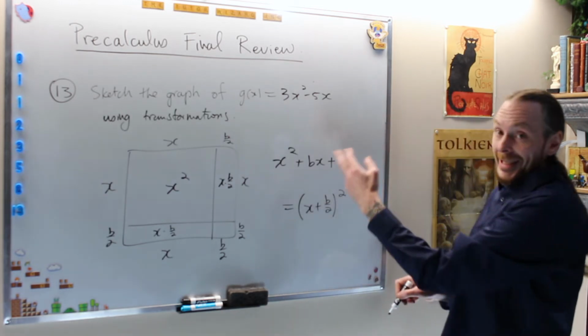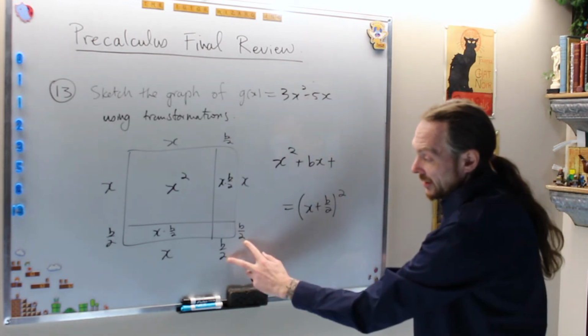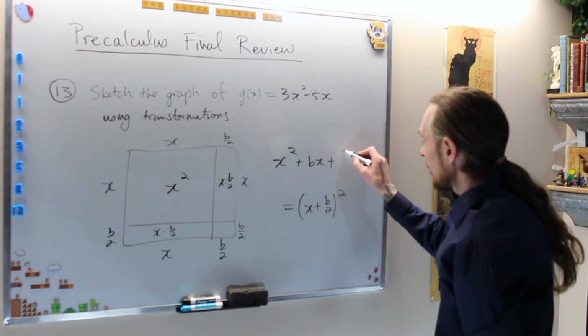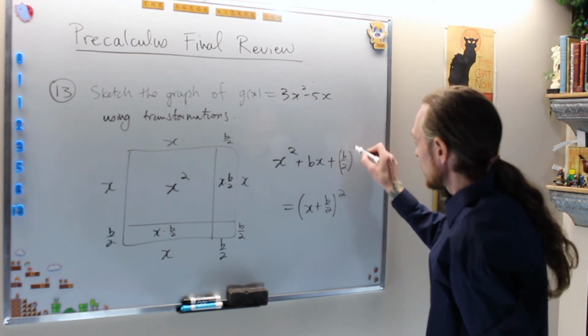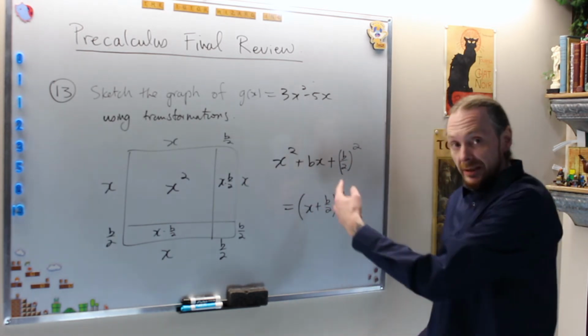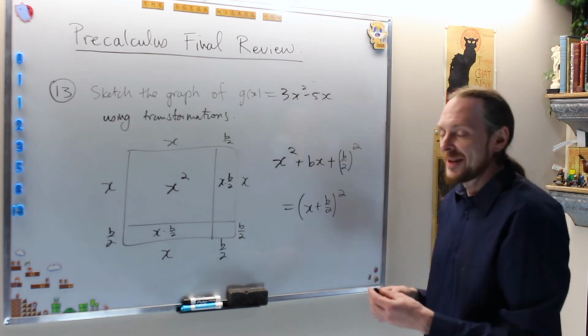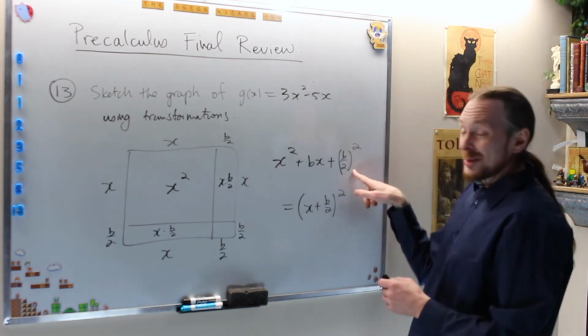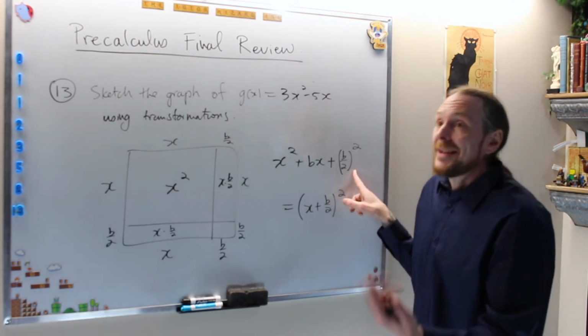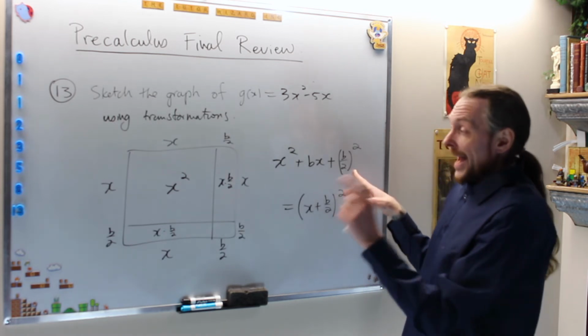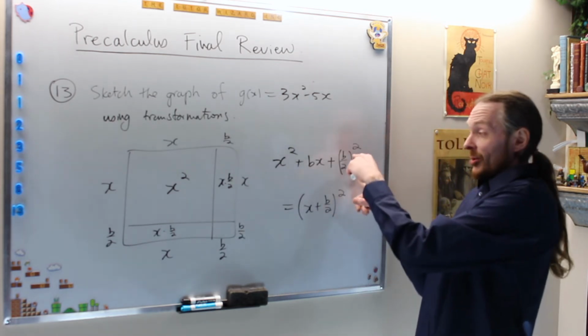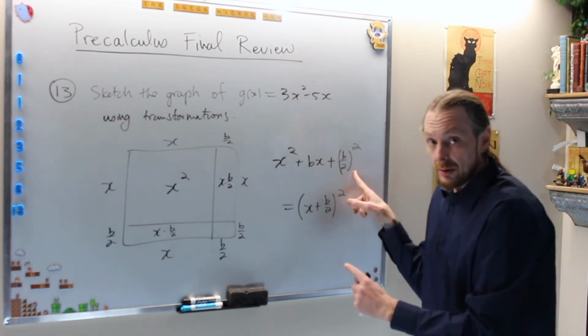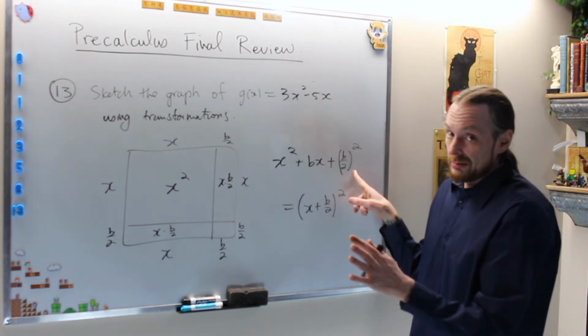What do I need to complete that square? I need b over 2 times b over 2, or b over 2 squared, to complete the square. This tells you what you need, but you can't just add that in the formula. That's crazy. We're going to add 0 in the form of b squared over 4 minus b squared over 4, and then it won't change it.